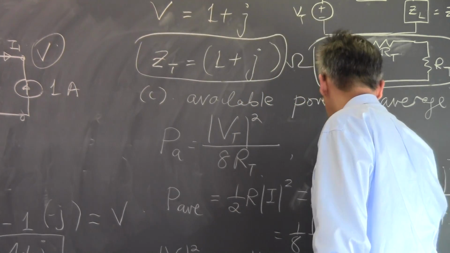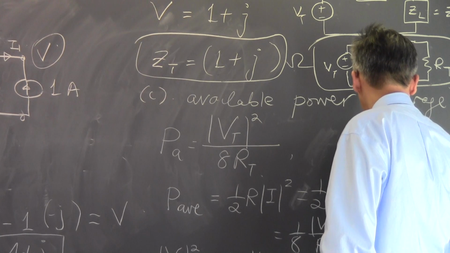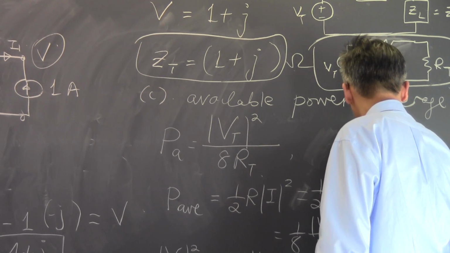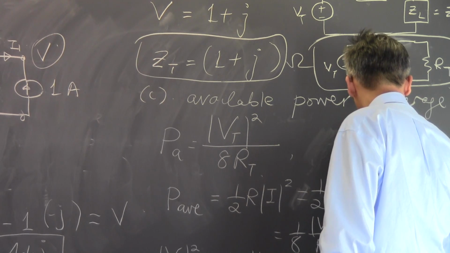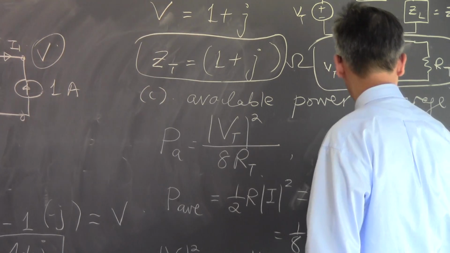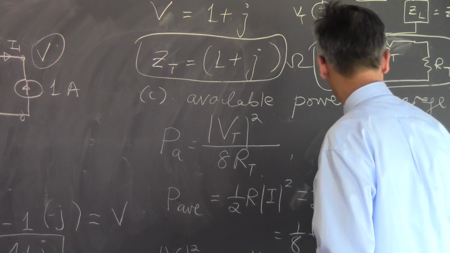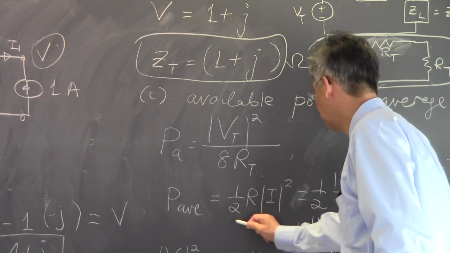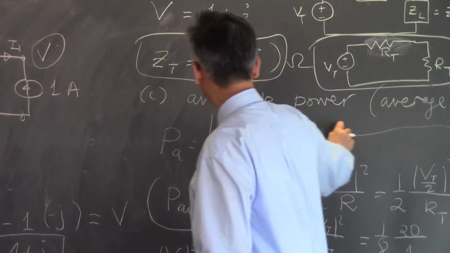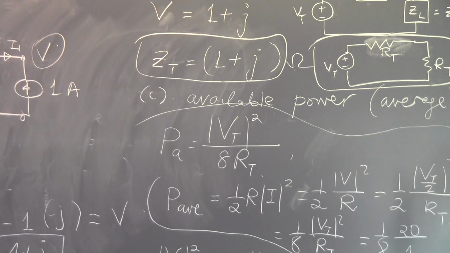So if you apply this formula, that would be 1 over 8 times 20 divided by 1, which is 5 over 2, right? 5 over 2 watts. So this is the power that we get. That is problem 2. Any questions on problem 2?